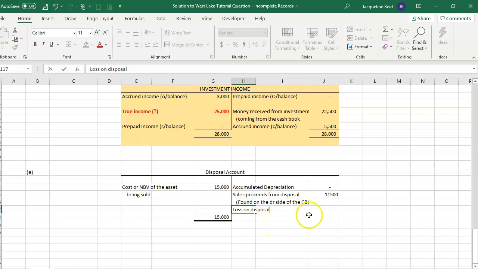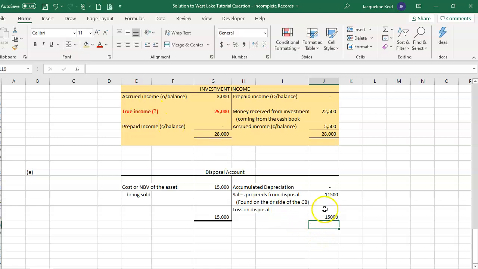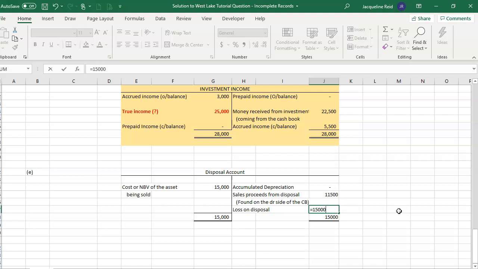It is worth $15,000. That's the net book value. But you're collecting only $11,500 from that. So it means that the loss on disposal of this piece of machinery is $3,500.